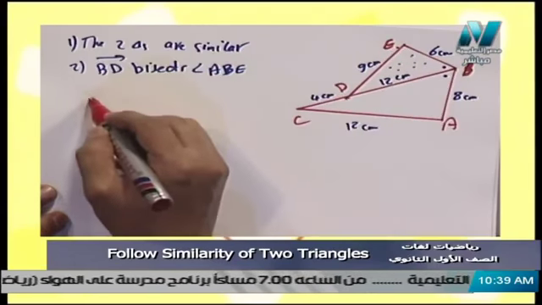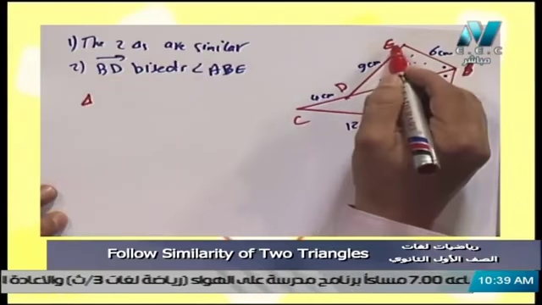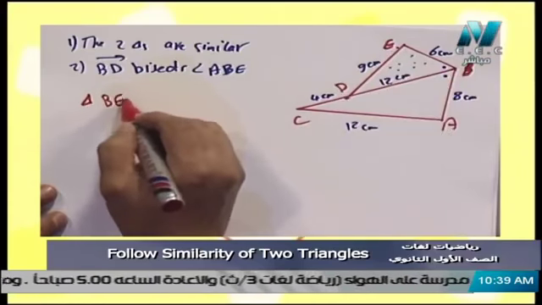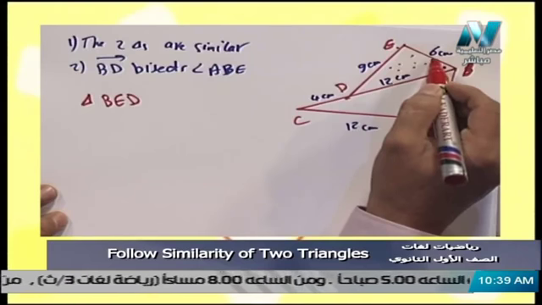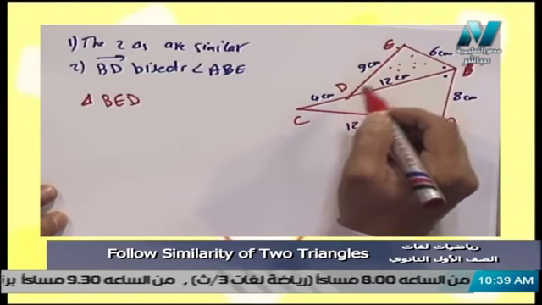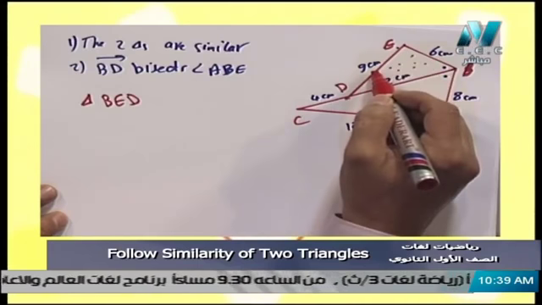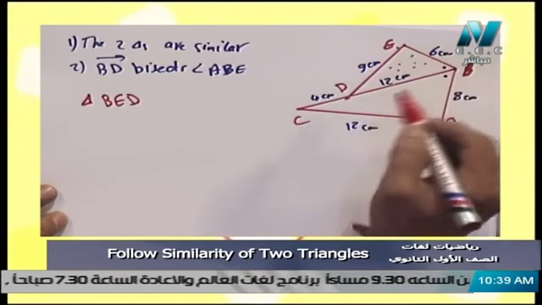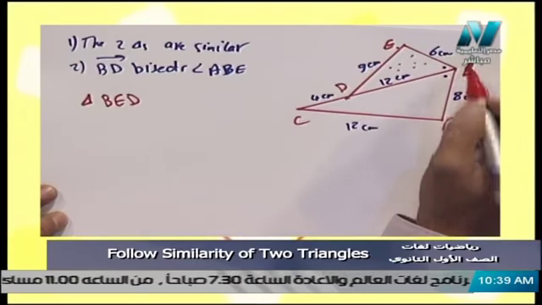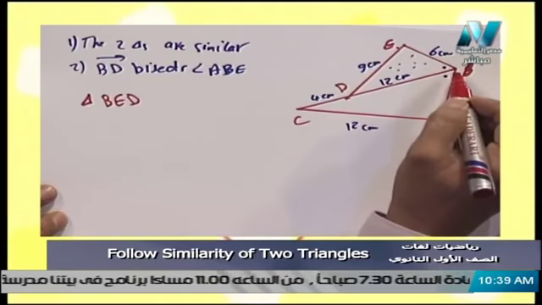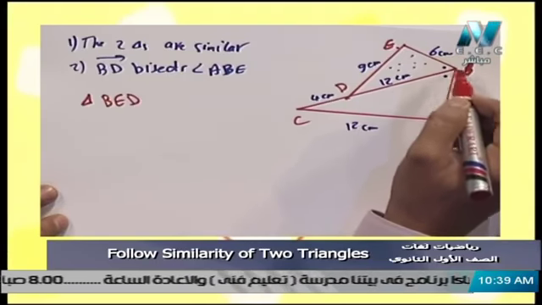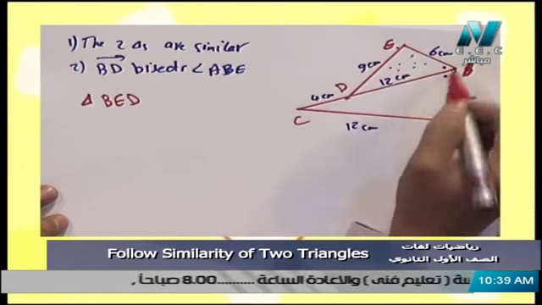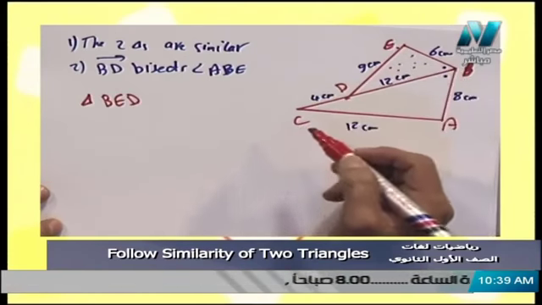So we can say triangle BED, because BE, 6 centimeters, is the smallest, ED is bigger than the smallest one, and DB is the biggest. So we can write the name of the triangle by going from the smallest to the biggest side length.